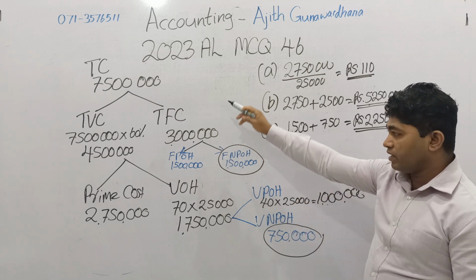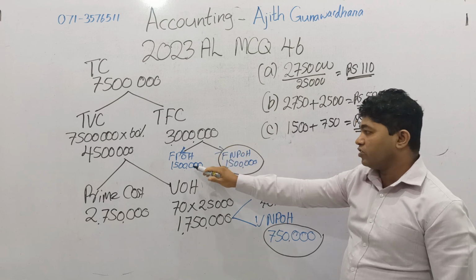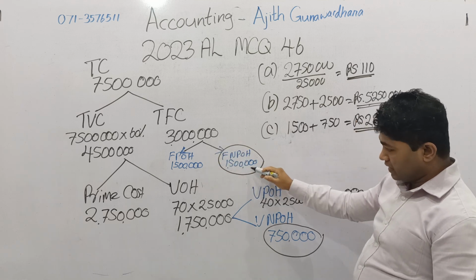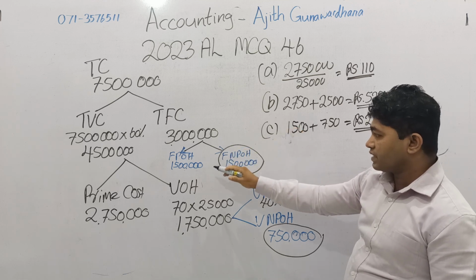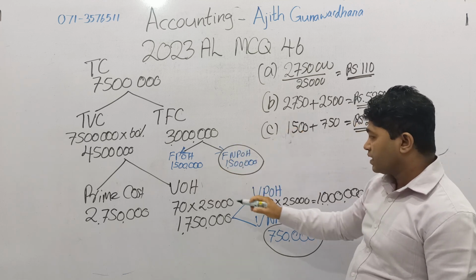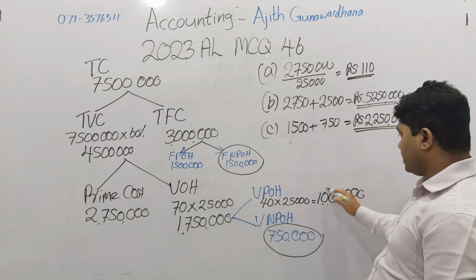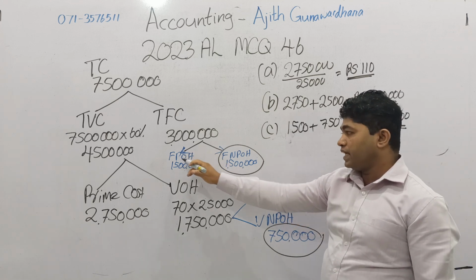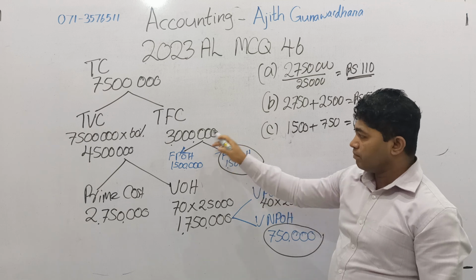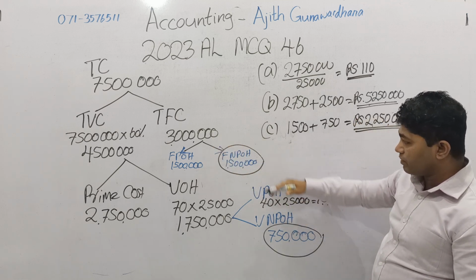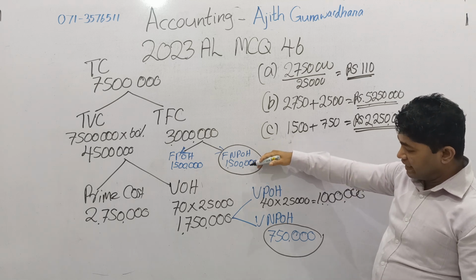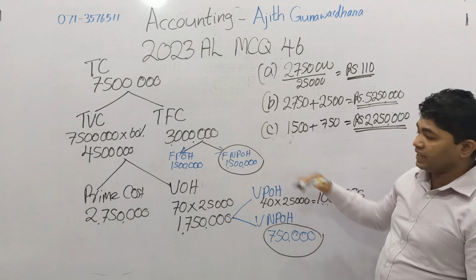Fixed cost can also be divided into fixed production overheads and fixed non-production overheads. Total production overhead equals 2.5 million and variable production overhead equals 1 million. Therefore, fixed production overhead can be calculated, and the balance is fixed non-production overheads.